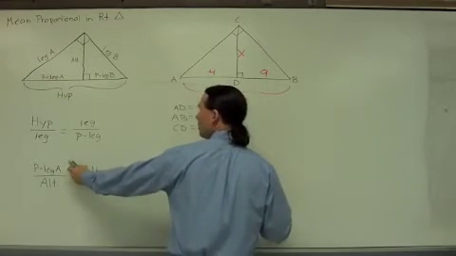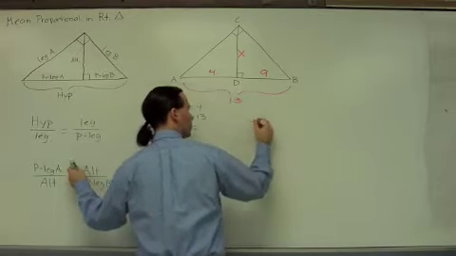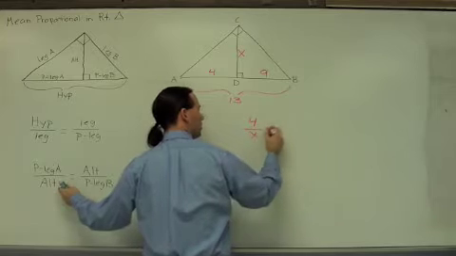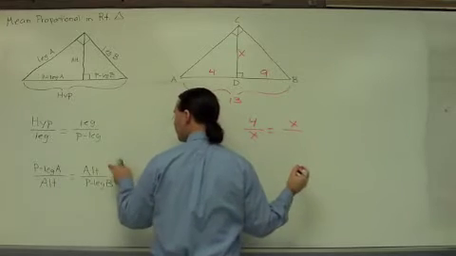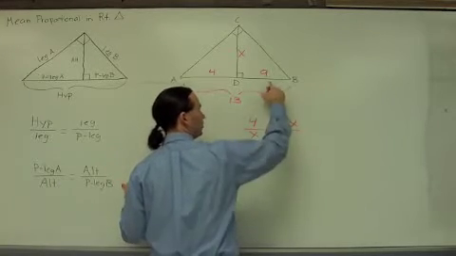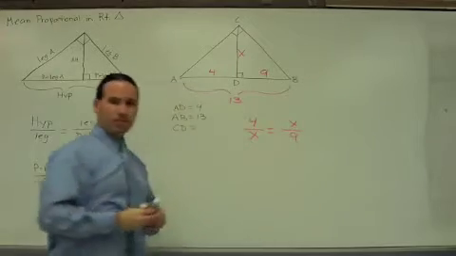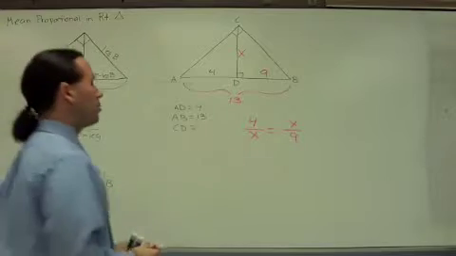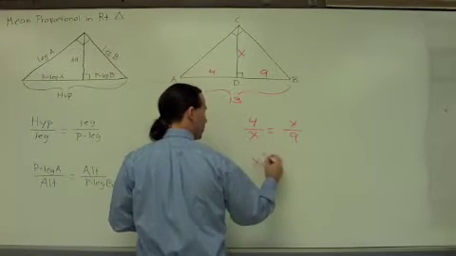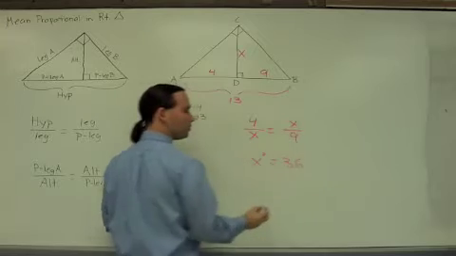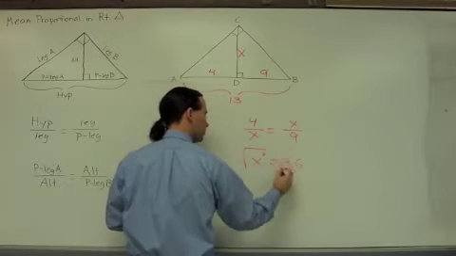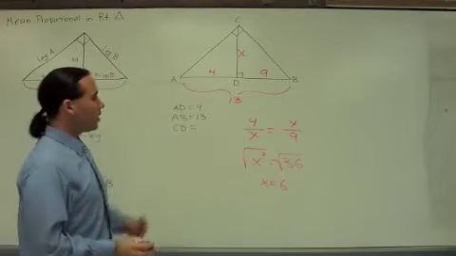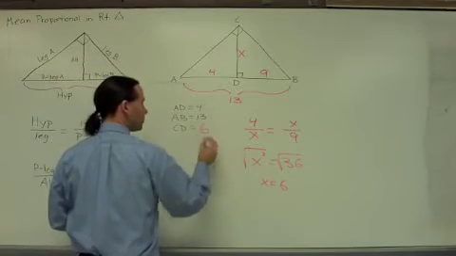So we're using here P leg A, that's 4, over altitude, X, equals altitude over P leg B, that's 9. All you're doing is plugging in your values. Cross multiply here, product of the means equals the product of the extremes. You have x squared equal to 36. Take the square root of both sides. And x is 6. So in this problem, our altitude is 6.